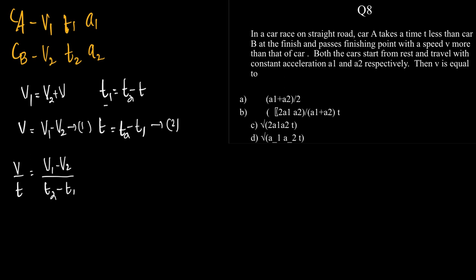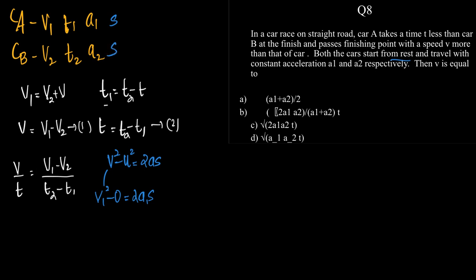After writing this, we will try deriving the values of v1 and v2 in terms of a1 and a2. v squared minus u squared is 2as. For car A, it is v1 squared minus u squared, and since it is starting from rest, u is 0. So v1 squared is equal to 2 into a1 into s. Both of them travel the same distance, so it is s and s, not s1 and s2.